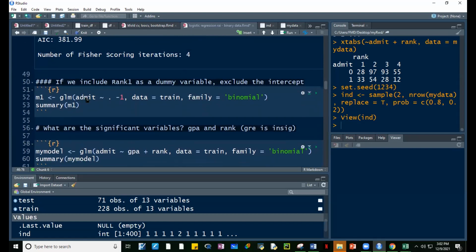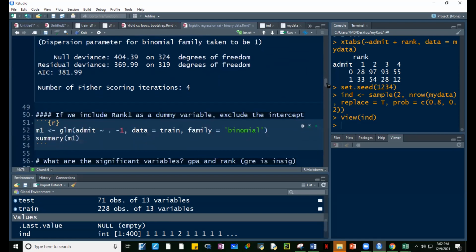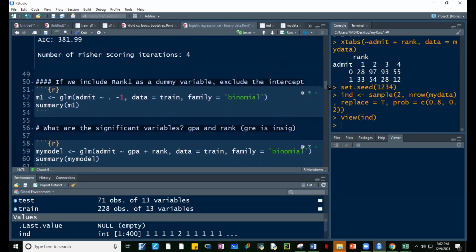Last Saturday I mentioned that if you want to have rank 1 here, you can, but you must not include the intercept. Otherwise the model will not run, because it falls into the dummy variable trap. It has to do with the matrix in the computation, which becomes singular, but we will not go there.